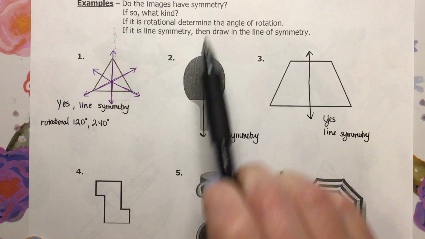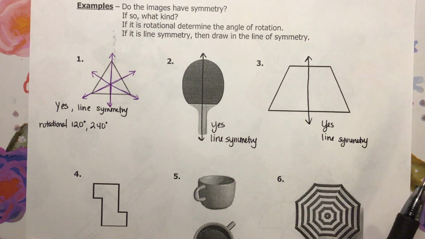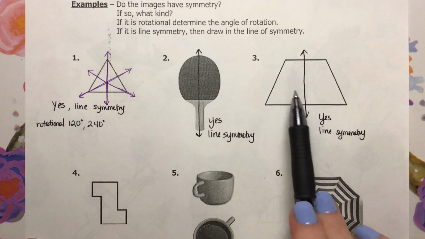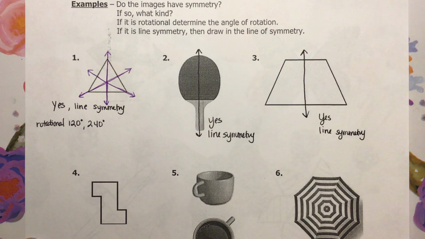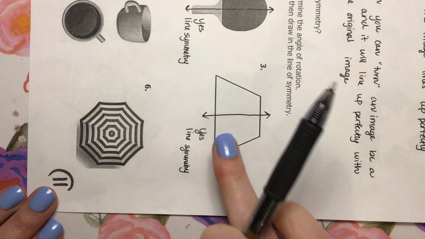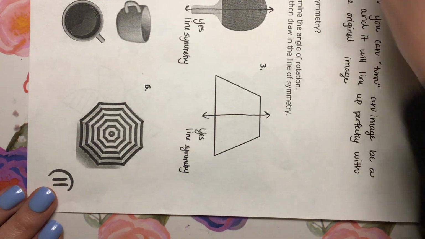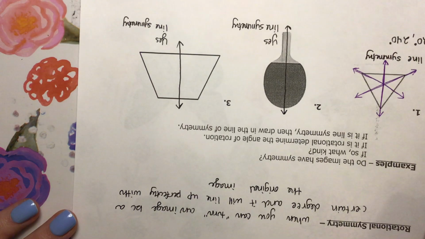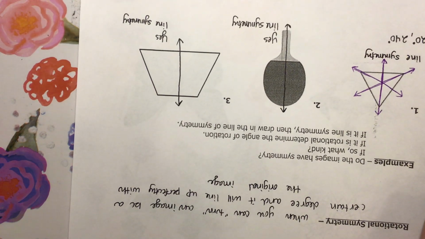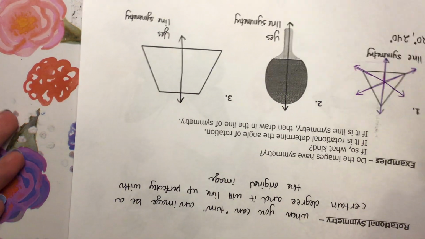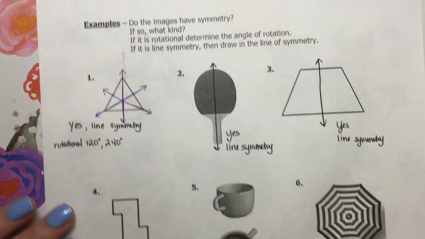Once again, if I were to turn this whole thing 360 degrees, yeah, this is going to be back in its original position, but that doesn't really count as rotational symmetry. If I were to turn this a 90-degree turn, this trapezoid is not in its same position. If I were to turn this a 180-degree turn, it looks as though it's upside down. So this does not have rotational symmetry.